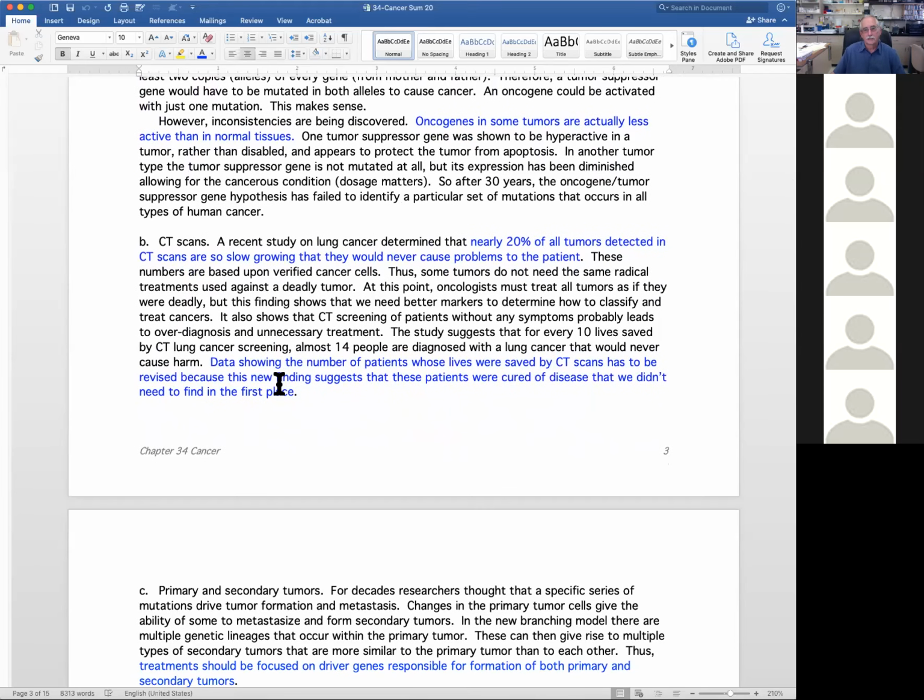So CT scans, nearly 20% of all tumors detected in CT scans are so slow growing that they would never cause problems to the patient. So in other words, you're not going to live long enough for many of these tumors to actually cause you any harm.